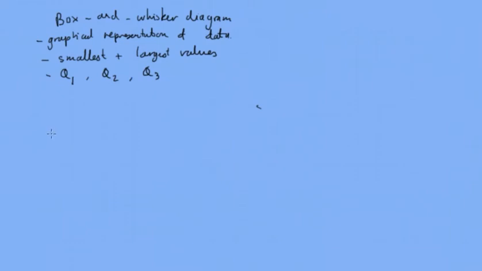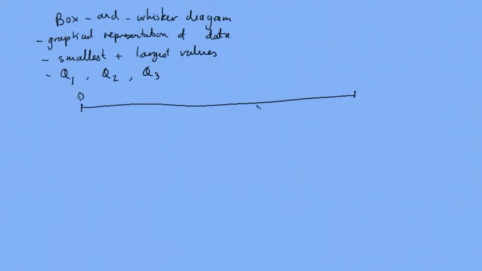Now it's best to draw them on graph paper to make them more accurate. When I'm drawing these just now, they're not going to be accurate because I've not got graph paper. So you'd have your graph paper, and you'd have the range of data represented here.